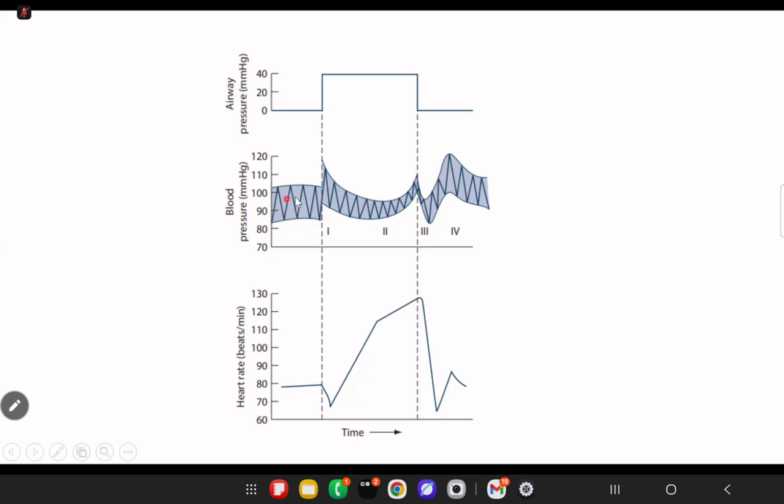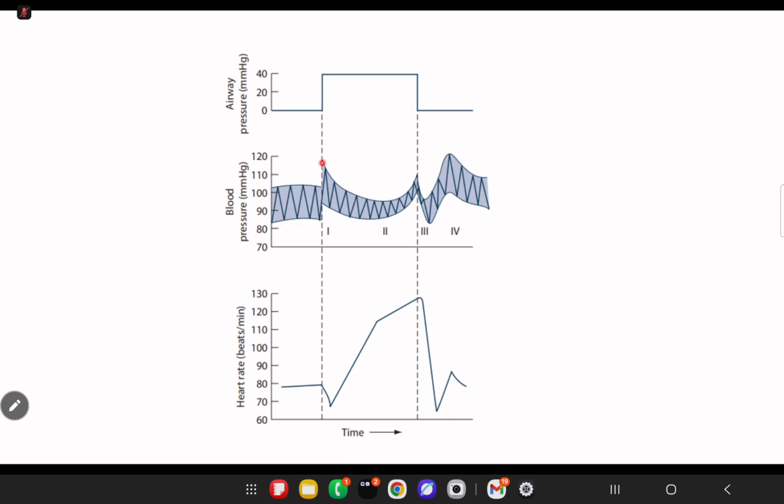So your blood pressure is here, and then you suddenly blow, which causes a rise in the intrathoracic pressure, which will get transmitted into your arteries. So your blood pressure also rises. But when you are maintaining a high intrathoracic pressure, what will happen? The gradient between your peripheral vessels and your intrathoracic pressure will reduce. Therefore, your venous return will decrease.